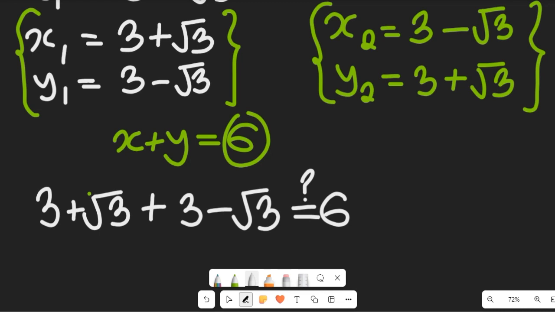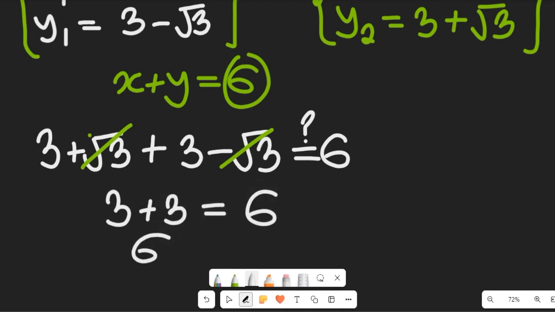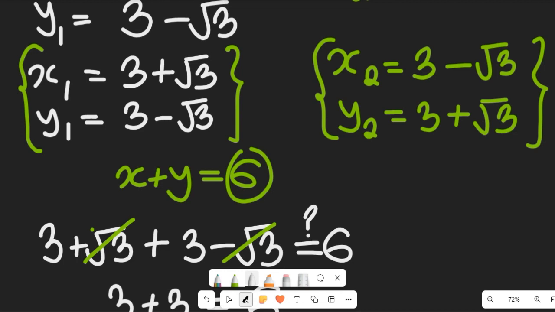From here you can see that this can simply clear this, and then we'll be left with 3 plus 3, and this will be equal to 6. So 6 is hence equal to 6, and that tells us that this expression is actually correct.